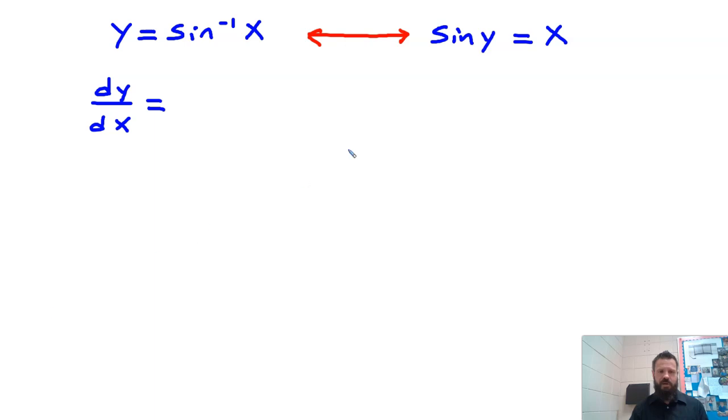What we'll do from there is take d over dx of both sides of this. On the left side, we have something in terms of y, so we're going to have to use implicit differentiation. The derivative of sine is just cosine, and then that'll be times dy over dx, is equal to the derivative of x, which is just a 1.